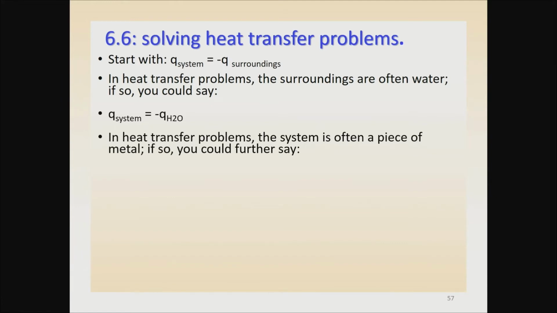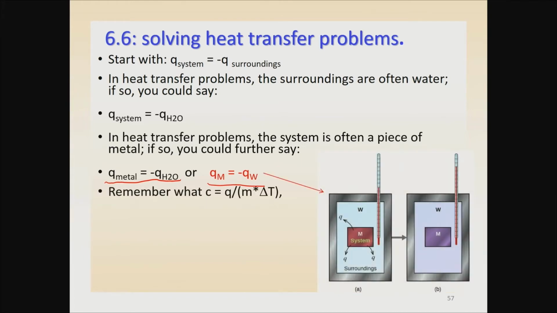Also, in a lot of heat transfer problems, you're going to be dealing with a system that is a piece of metal. So all I'm doing there is substituting Q of metal for the Q of the system. And so here the Q of the metal is equal to the negative Q of the water, or we can just use letters here: Q of M is equal to negative Q of W.